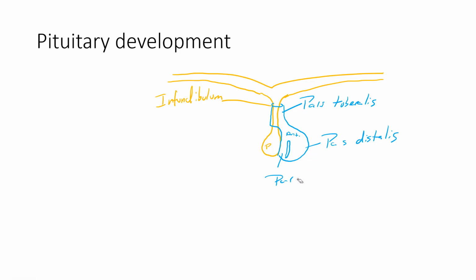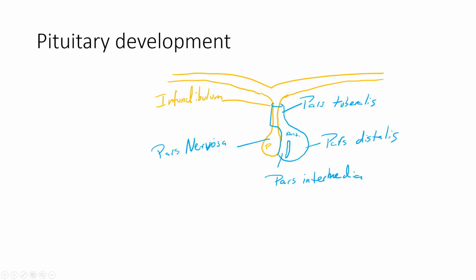Let's fix that real quick. And I erased my R up top. Having pen problems today, gang. There we go. So the pars intermedia. Now, the nervous tissue of the posterior pituitary is sometimes then also referred to as the pars nervosa.